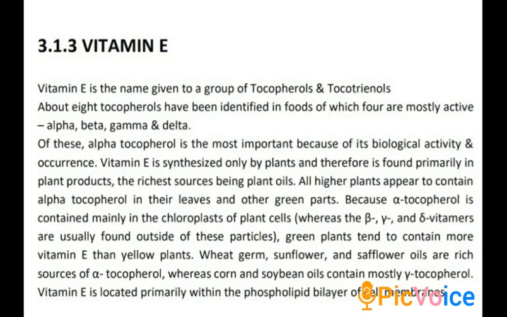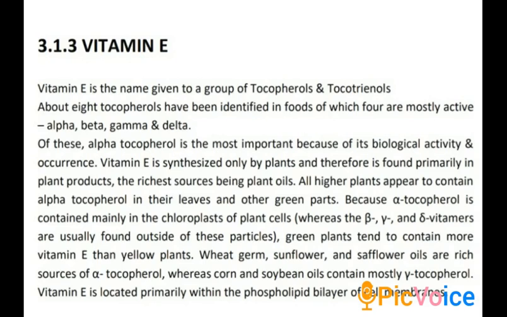Vitamin E is synthesized only by plants and therefore is found primarily in plant products, the richest source being plant oils. All higher plants appear to contain alpha tocopherol in the leaves and other green plants.